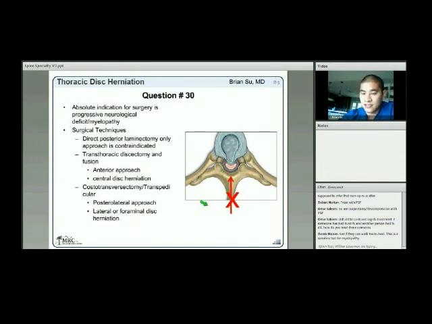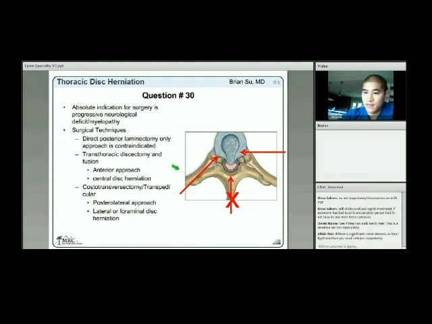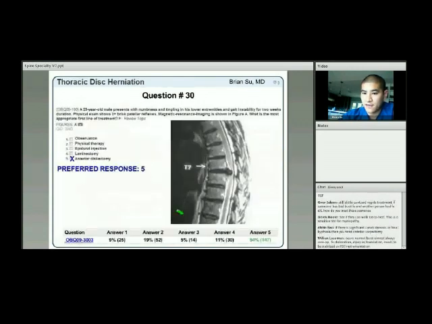So they're trying to get you to say one of two choices, either a transthoracic discectomy anteriorly, so go from the anterior approach and you can take the disc out anteriorly, and that's, as you can imagine, good for a central disc herniation, or you can do a costotransversectomy, transpedicular resection, meaning take down the pedicle, take down some of the rib, and come far laterally, come underneath the cord and resect it. But do not pick something straight posteriorly, and in general, an anterior approach is preferred.